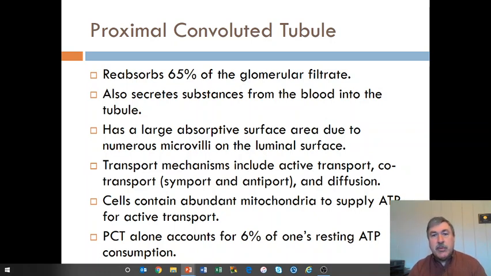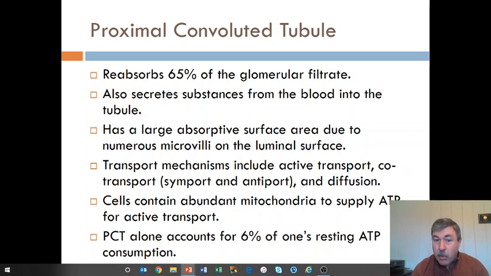So the proximal convoluted tubule on the inside has a very large surface area due to numerous microvilli that provide a larger surface area for reabsorption. Transport mechanisms in the proximal convoluted tubule include active transport, especially active transport of sodium and potassium.